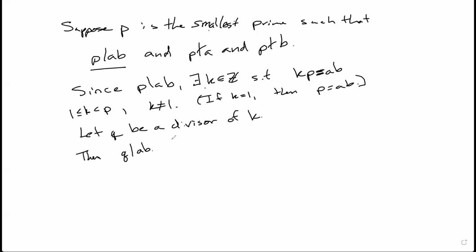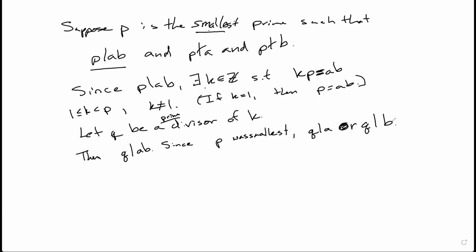But by the minimalist idea, since P was the smallest, I should say this is a prime divisor, Q divides AB, but since P was the smallest, then Q divides A, or I should say or Q divides B. It's because we suppose it was the smallest one that we can work it into.